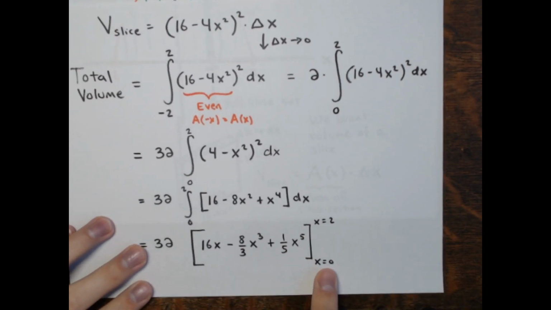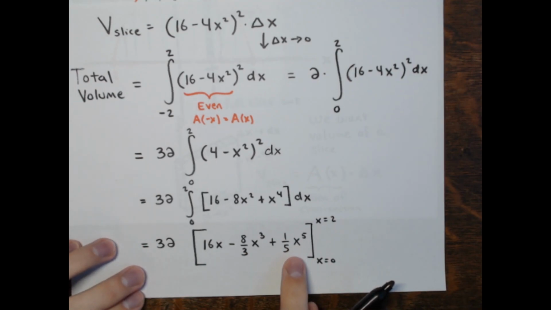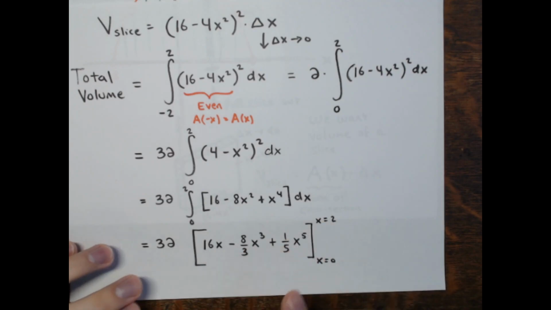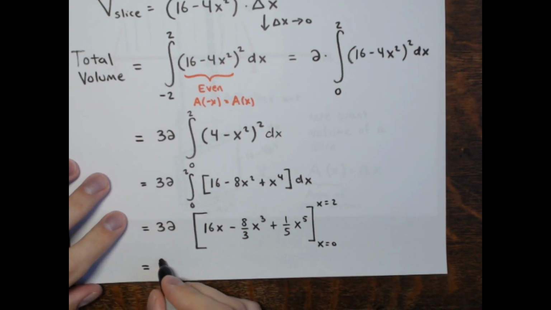And you see that when x equals 0, this is all 0. Right? So that's kind of why I did the symmetry thing earlier. So I'm just going to plug in 2 here, right? You plug in 2, you plug in 0, and then you subtract the results. I'd be subtracting 0. So this is really just what you get when you plug in 2.